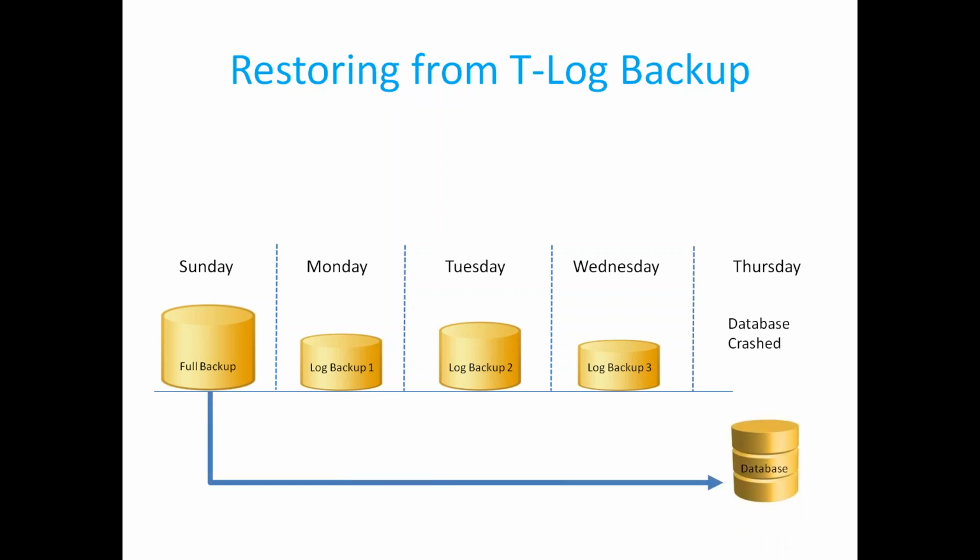And then I will be restoring Monday's log backup again with no recovery. It is because I have Tuesday backup and Wednesday backup to be restored. So next I'll be restoring Tuesday's backup again with no recovery. And then when I restore Wednesday's log backup, I will be choosing with recovery option so that my database will come online.